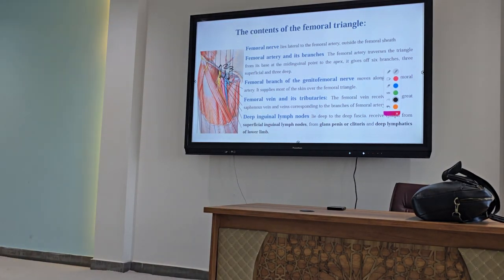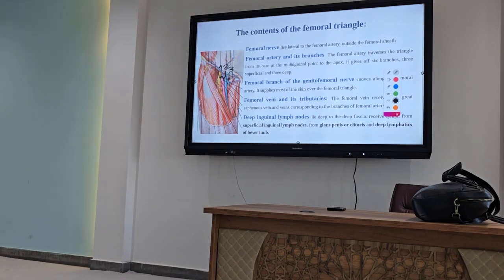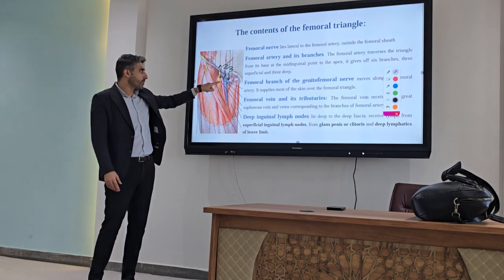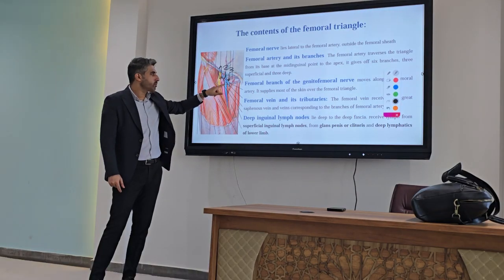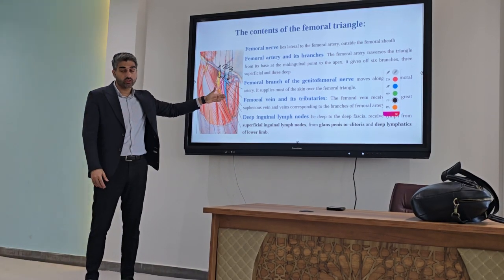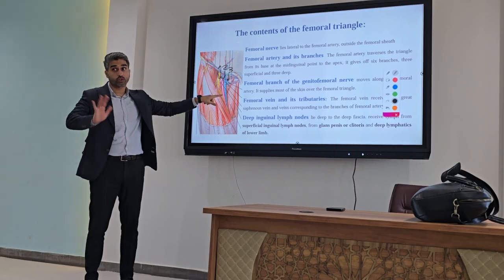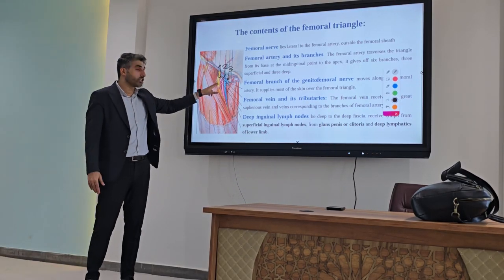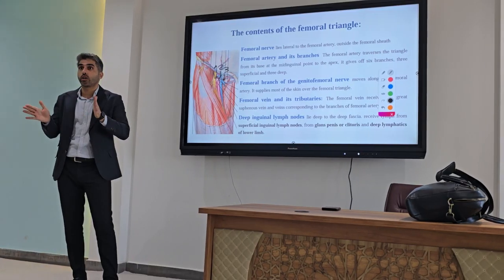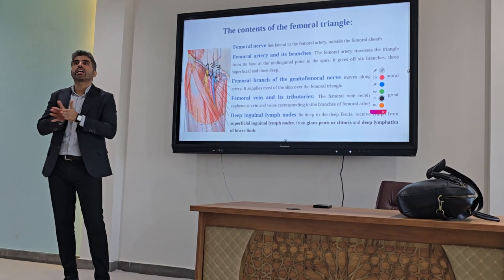Femoral nerve from the lumbar plexus for the anterior compartment, it's here. Femoral artery, femoral vein. They are deep inside of the muscle, okay? They are not superficial veins. They are deep because you know that deep veins are close to the artery. They have the same name.